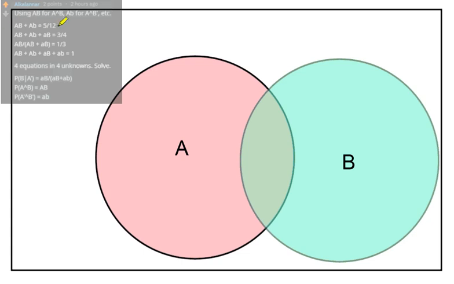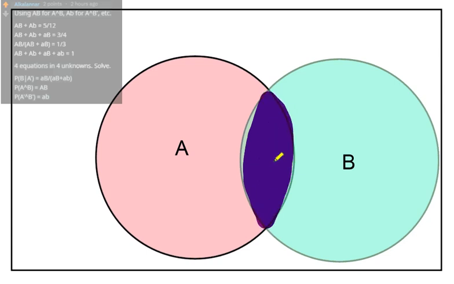This is the probability that A happens. All right, so the probability of A is the probability of A and B happening. That's this middle part in here, and we'll give that a lovely shade of purple. So this part in here is A and B. And if you add to that the probability of A happening and B not happening, that's this part over here.